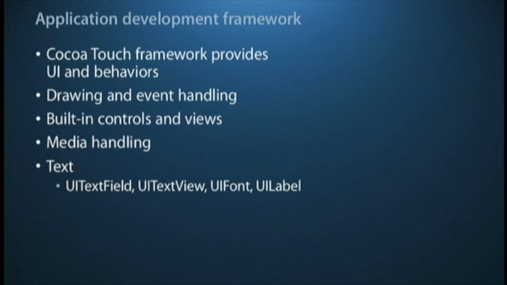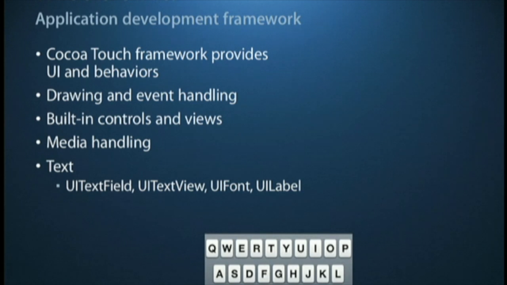UIKit-based applications are fully localizable. Under the hood, we use the ICU Unicode engine and WebKit to render the text. When the user taps an editable text field, a keyboard is automatically slid into position to receive input, and there are several variants of the keyboard to choose from. So if you just want to accept numbers, you can specify that a number pad be displayed instead.